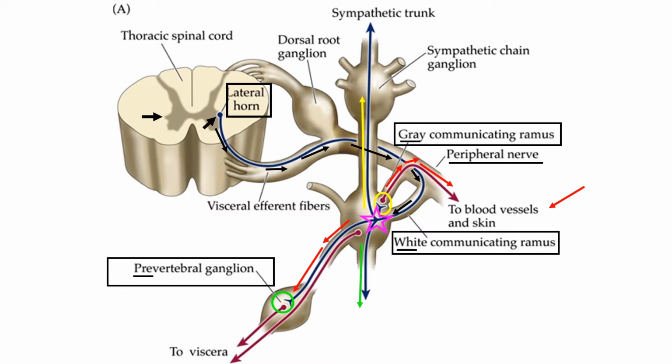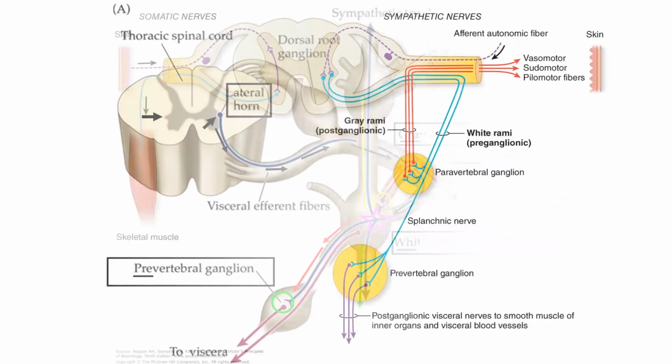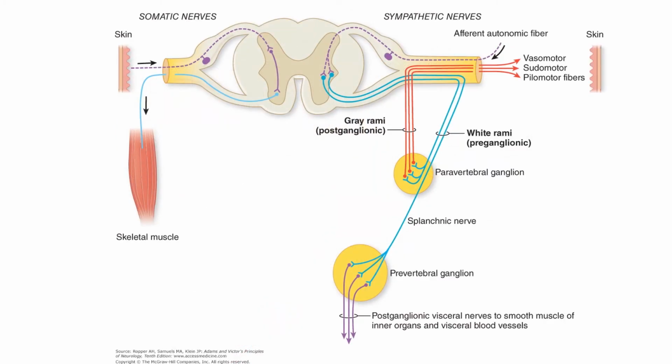a sympathetic ganglion. Another example of the same story. Here is the white ramus going out of the spinal cord through the ventral ramus of the spinal nerve, gets into the spinal nerve, and leaves the spinal nerve as white rami, which are prior to entering the ganglion. Therefore, it is called preganglionic.